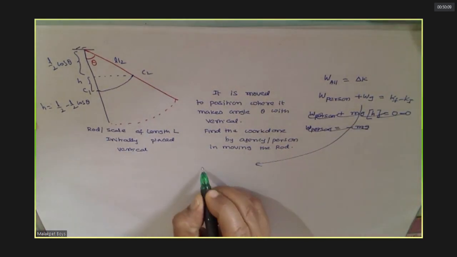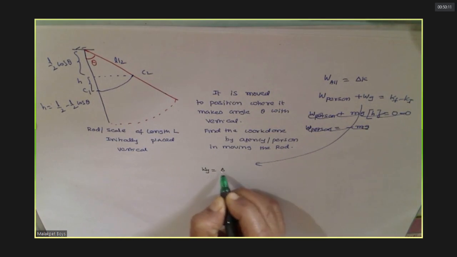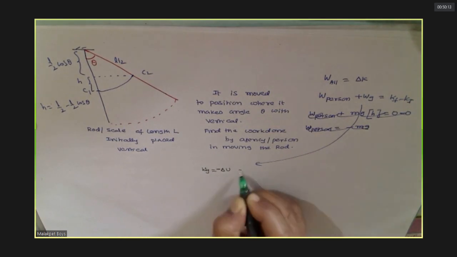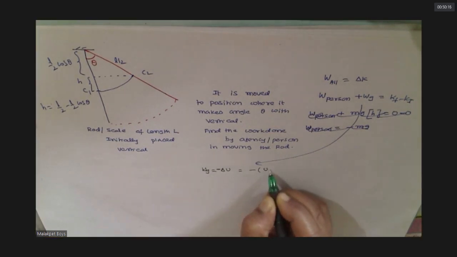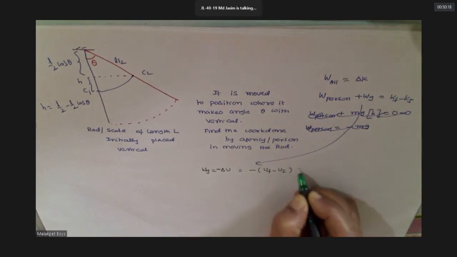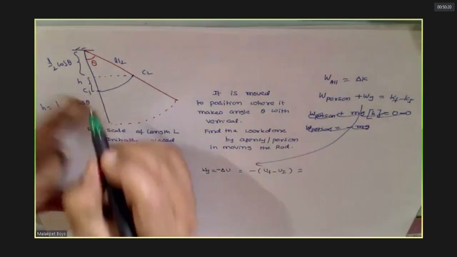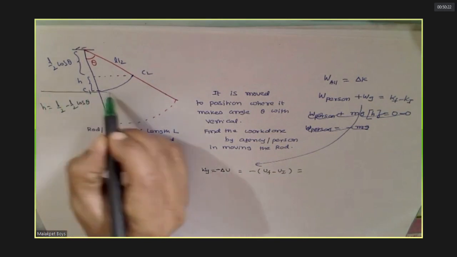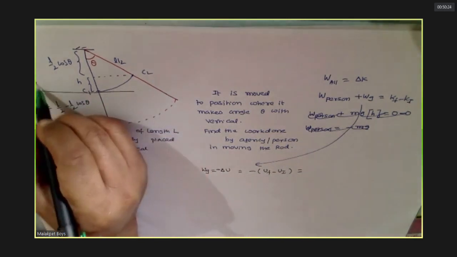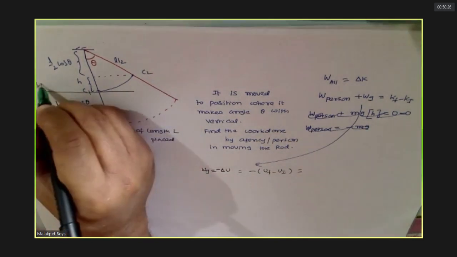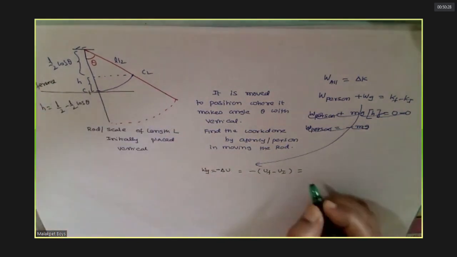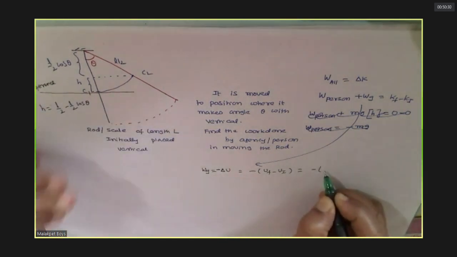See here, work done by gravity is nothing but minus change in potential energy, that is, UF minus UA. So initially I'll take this as a reference. First of all, we should choose the reference. Anywhere I can choose, I'll take a convenient one.